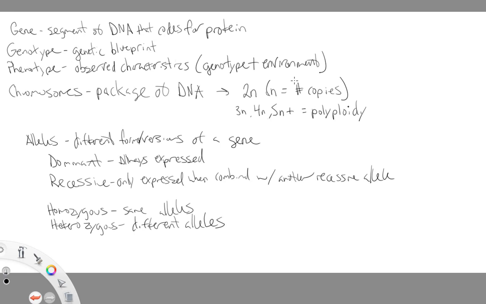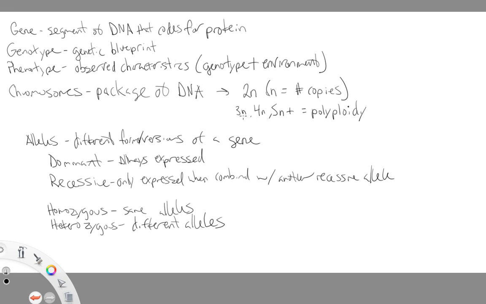We get one copy from our mom, one copy from our dad. But sometimes organisms, particularly plants, can be 3n, 4n, 5n, multiple copies of chromosomes, and we refer to this as polyploidy. I think in the lecture I said that even ferns can be up to 400n, which is just ridiculous.